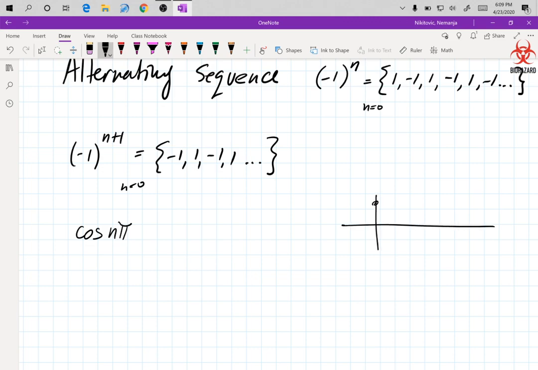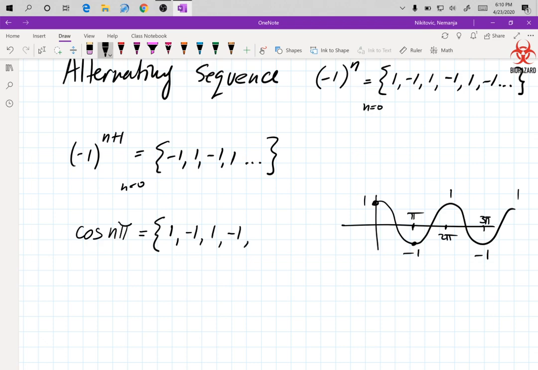I hope you remember your cosine graph. That's pi, that's 2 pi, that's 3 pi, and you see that the y values are 1, -1, 1, -1, and so on. So cosine n pi, when n is 0, gives you 1, -1, 1, -1, 1, and it's going to go forever.